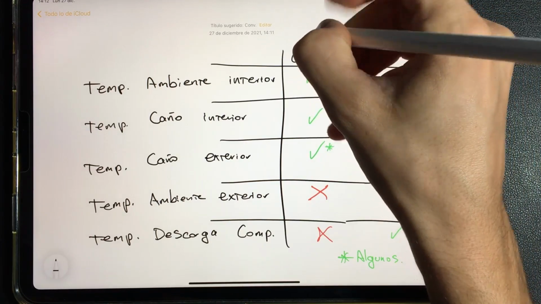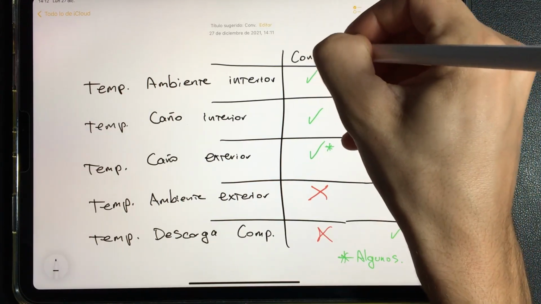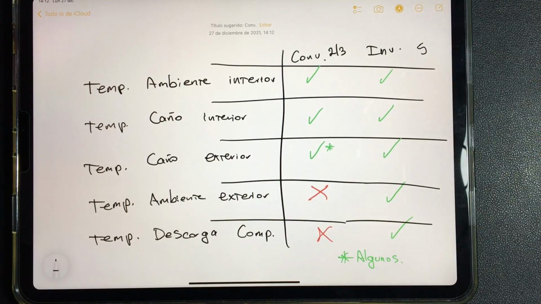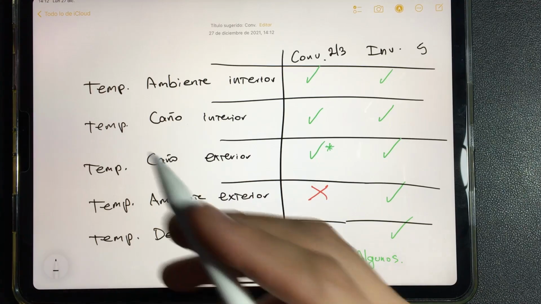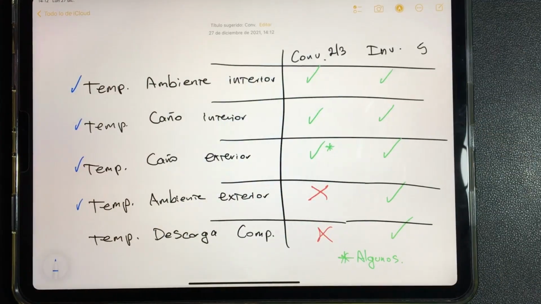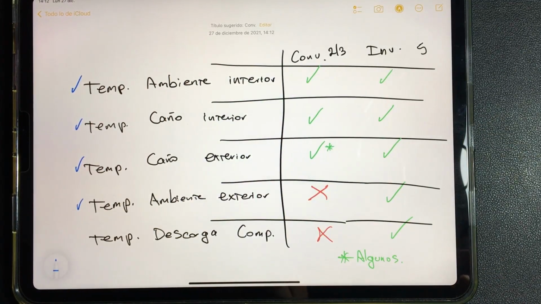So, when in conventional you will be finding 2 to 3 sensors, in inverter you will find 5. You will always find 5 temperature sensors. All these temperature sensors can have a similar travel value because they are handling temperatures from 4 degrees to 50, 60 approximately within all ambient temperatures.